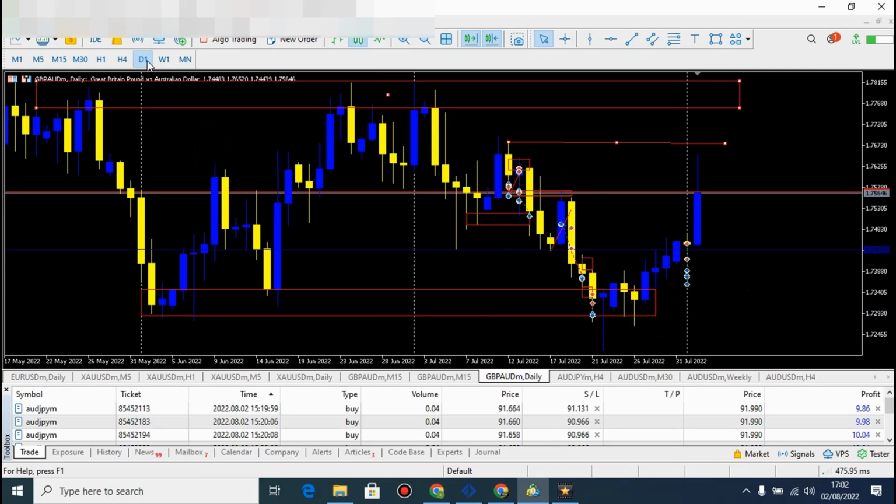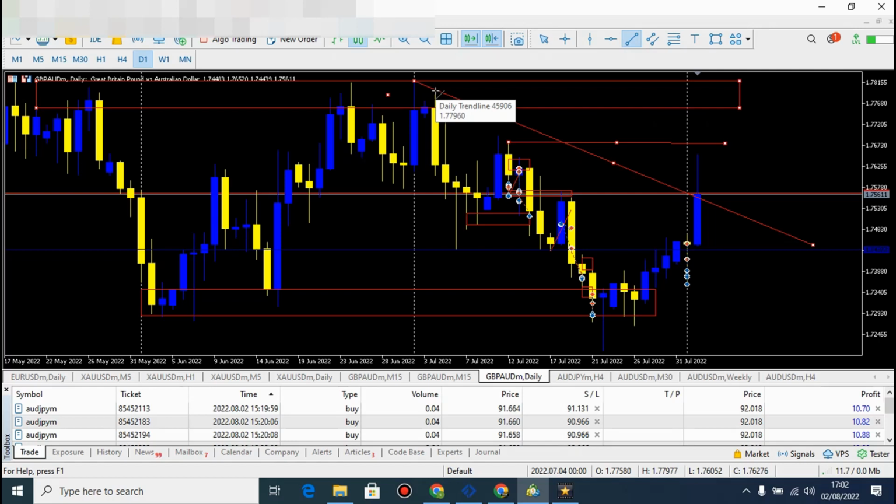Let's look at the daily time frame. On the daily, you can still click at this point, right? Okay, you can do it the same here. Yeah, this is it, right? And when you keep drawing your trend line, it doesn't stop there.